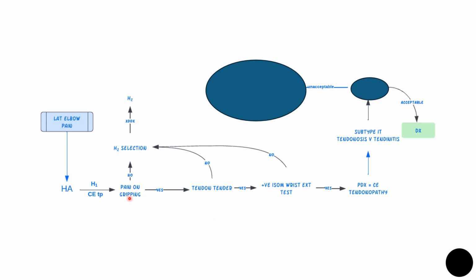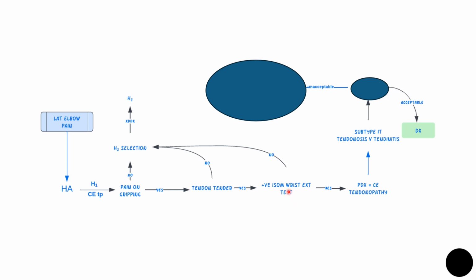doesn't really matter. But if they've got pain on gripping and they say no, then we have to move on to the second selection here, H2. If the answer to that is yes, it is tendon, then we move on to palpate the tendon. And again, if that is negative, then we go back to forming a new hypothesis. If though the tendon is tender, then we can look at positive isometric wrist extension testing.